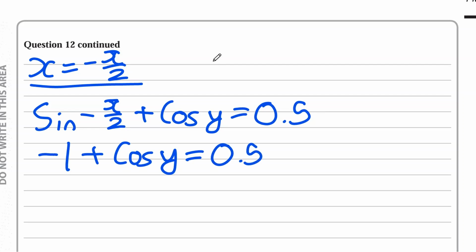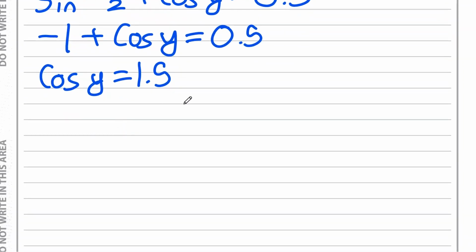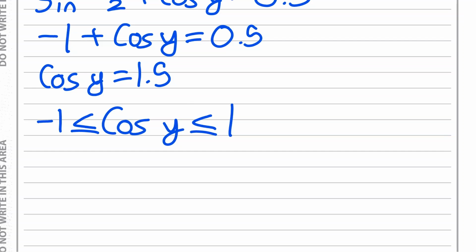If we move this minus 1 to the other side, we get that cos y is equal to 1.5. So we have to solve here for y. However, remember, for a cos graph, it doesn't matter what is inside the cos function. In this case, it's y. Remember that cos, the smallest value that it can have is minus 1, and the biggest value that it can have is 1.